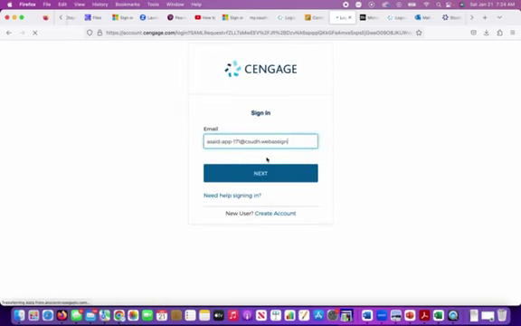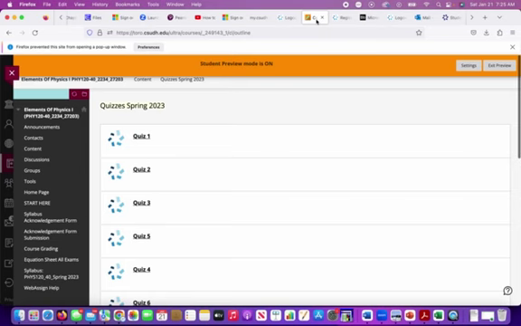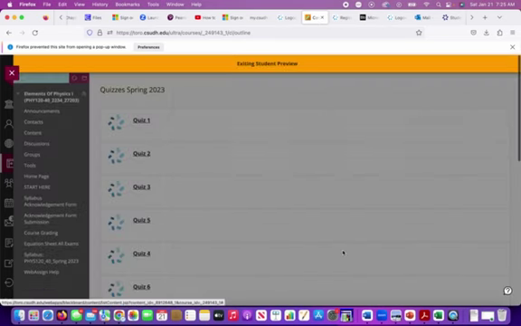It's going to take you to Cengage, and it's going to ask you to create an account. If you have an account already, you're going to hit that, but okay, you're going to create an account, you are a student, and then you're going to continue with this. Then you are going to access WebAssign from the Blackboard itself.